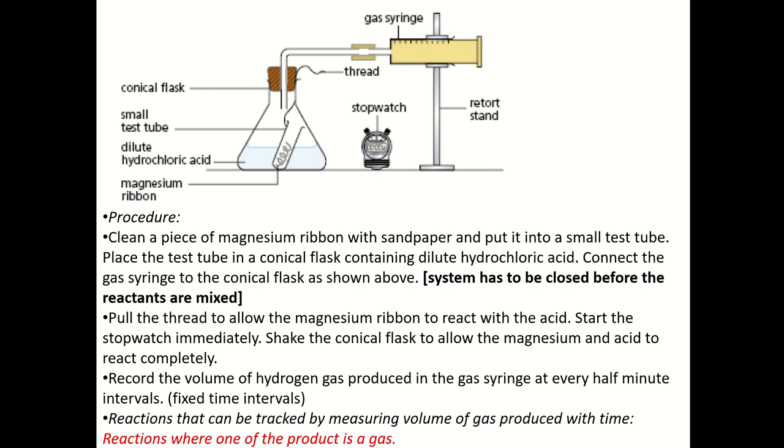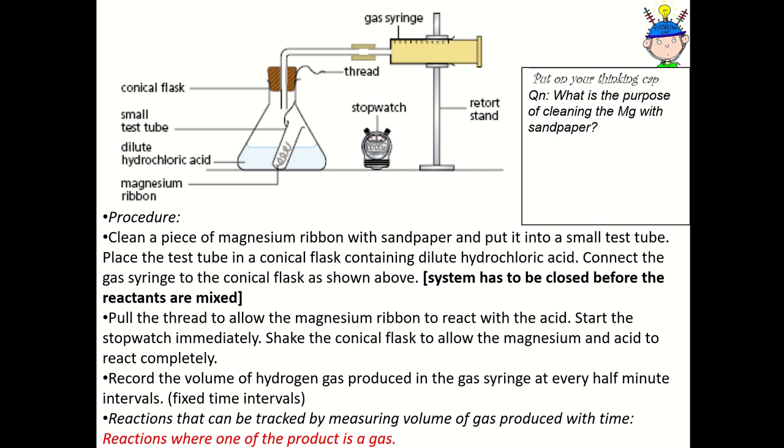So first question here, you see that they ask you to clean the piece of magnesium with sandpaper. So why do you think you need to clean the magnesium with sandpaper? Remember magnesium is a reactive metal.